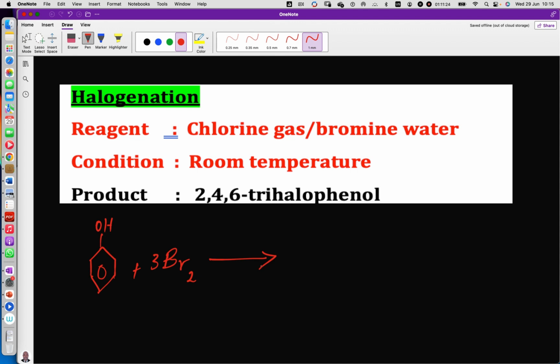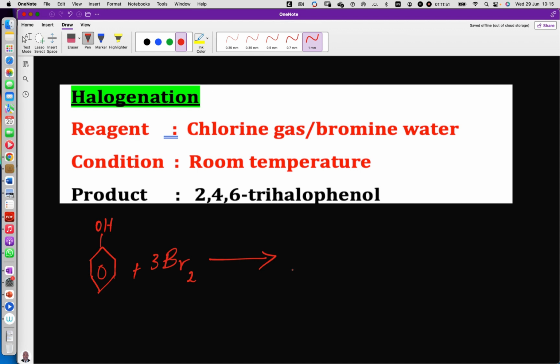And bromine is a reddish brown liquid that will decolorize this solution. So we will have 2, 4, and 6 tribromophenol. That will be our product.